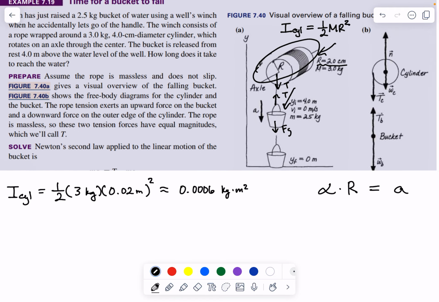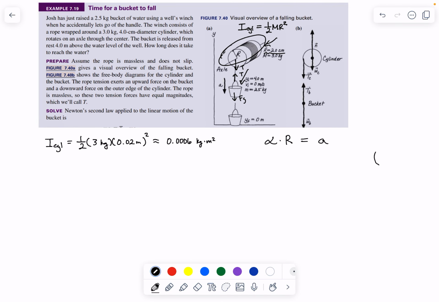So think about this thing. This is the rope, and the rope goes down like this. The rope is going down, and it has some sort of linear acceleration. Think about the rotational acceleration, the alpha, of a point at the very edge of this cylinder. And that point is an exact distance, capital R, away from the center.